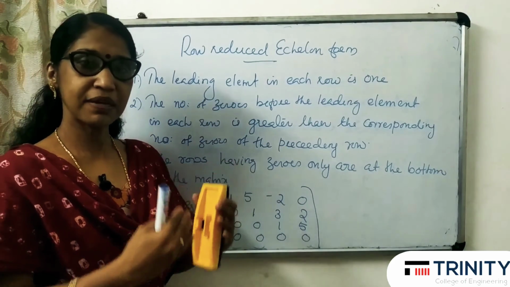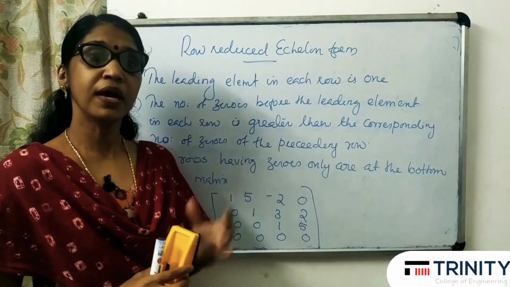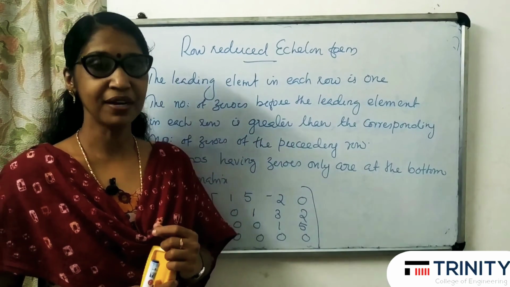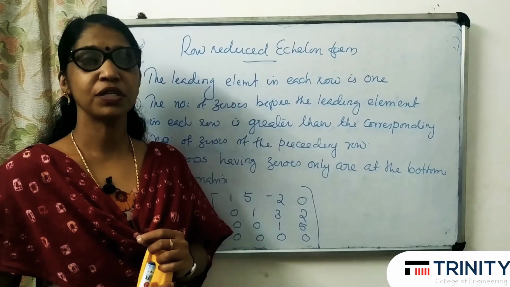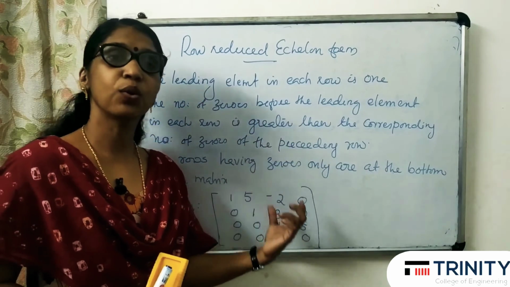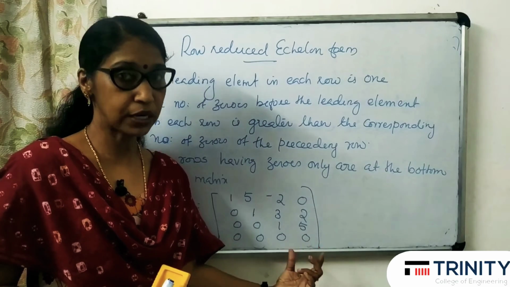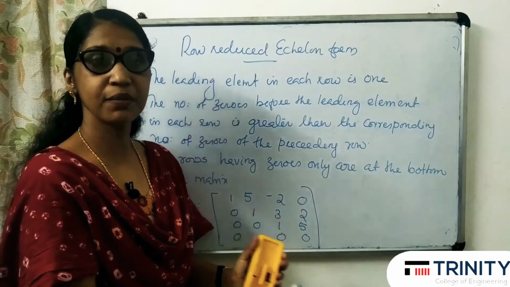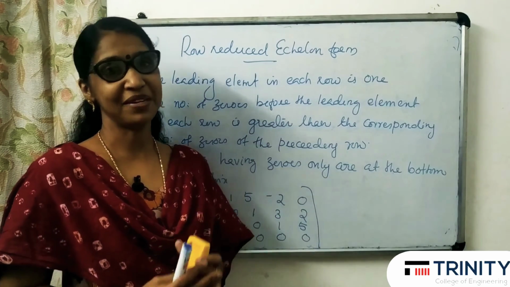This form can be obtained from a given matrix by elementary transformations. When a matrix is given, we use elementary transformations to make it into row reduced echelon form, and the first given matrix and the last obtained matrix are equivalent matrices.